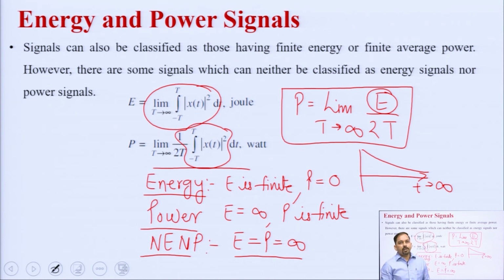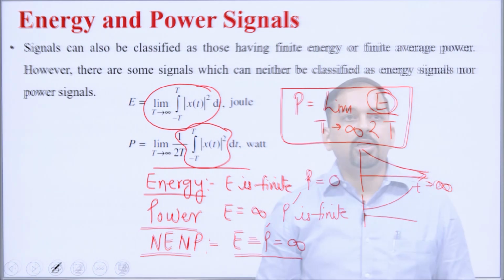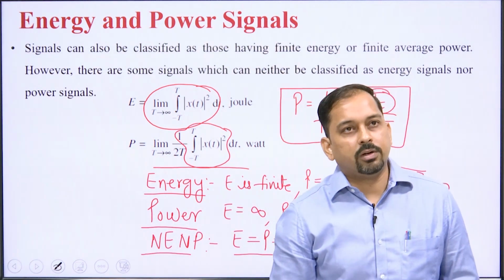Whereas we have one more point: some periodic signals are also power signals, and the signals which are unbounded, meaning as t approaches infinity their values also approach infinity, are called neither energy nor power. So, we have this classification: energy, power, and neither energy nor power.